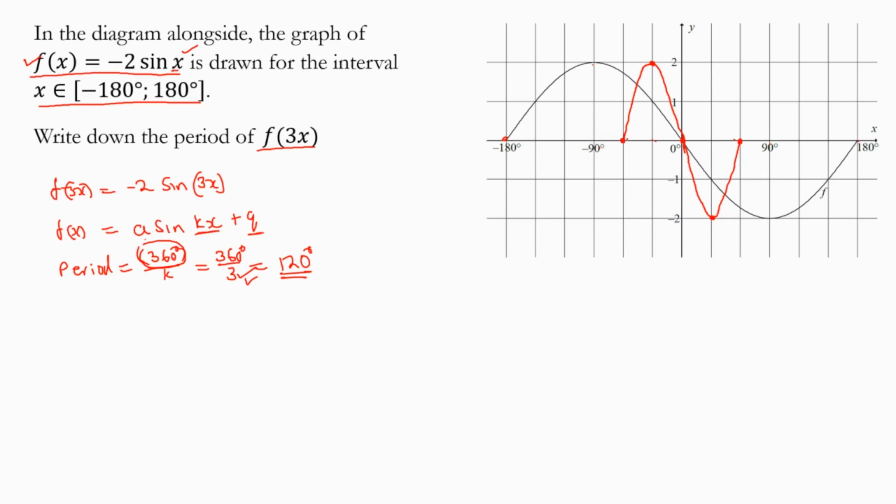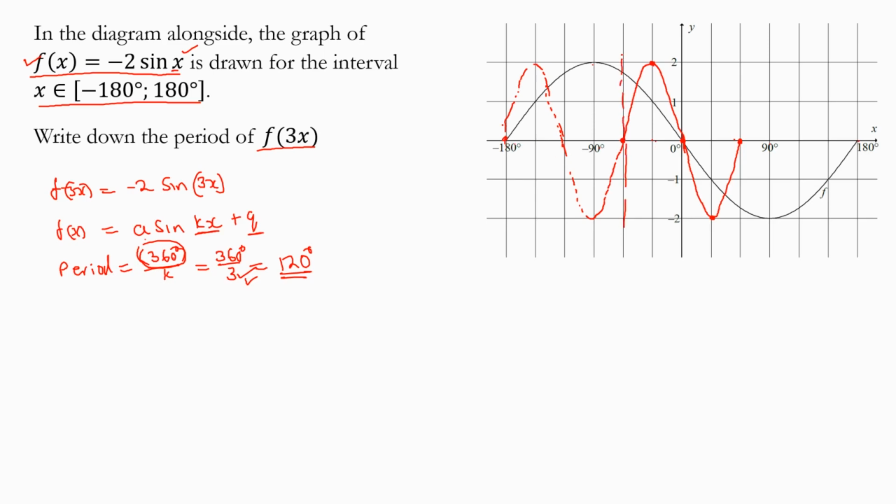So the graph will repeat itself after every 120 degrees. If you extend this graph, it's going to turn like this, and it goes on like that. After every 120 degrees, it repeats itself.